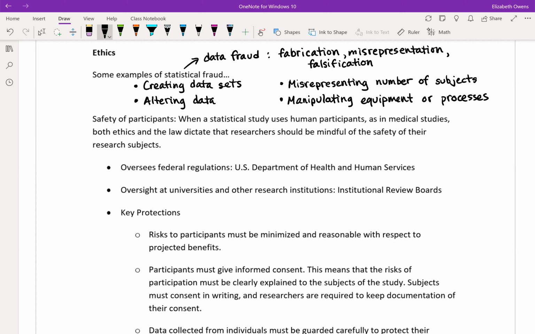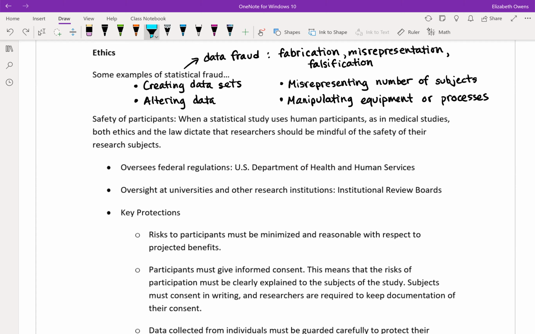The other big thing is looking at safety of participants, especially when we're using human participants. You've got to take safety into consideration big time. The Department of Health and Human Services is the federal regulator of human studies. So they have all the big overarching guidelines if you want to look them up.